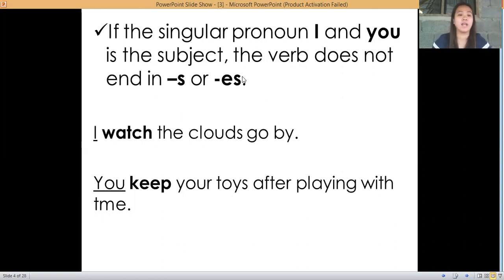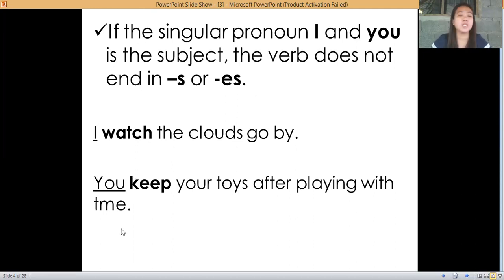So for example, I watch the clouds go by. So we have here I, our singular, but the rule is, if you're going to use I, it does not end in S or ES.